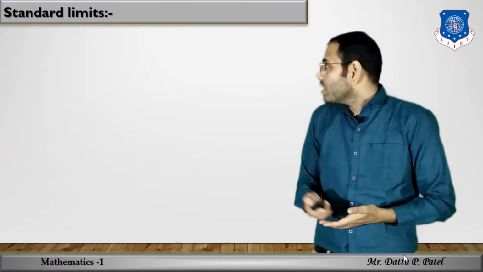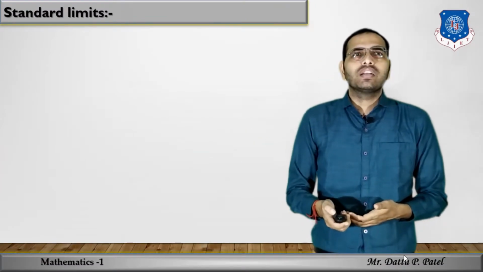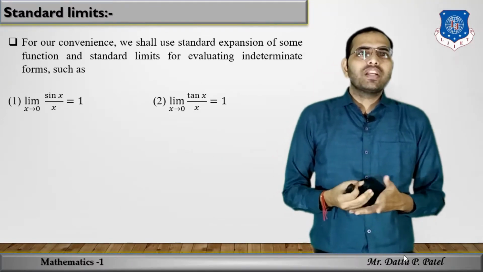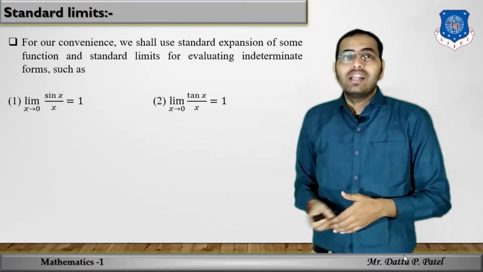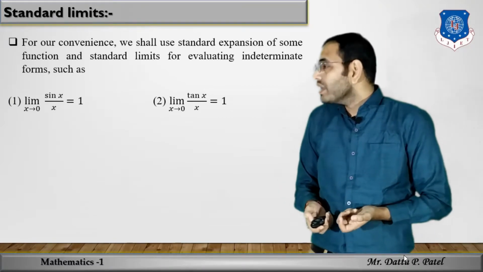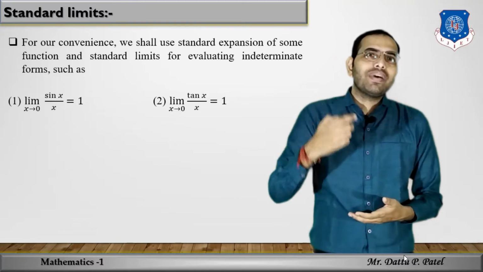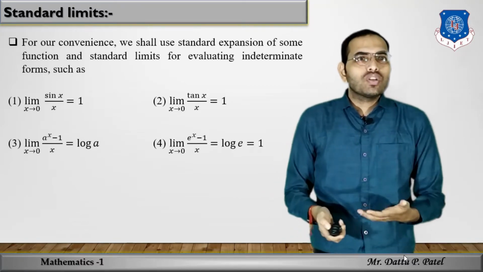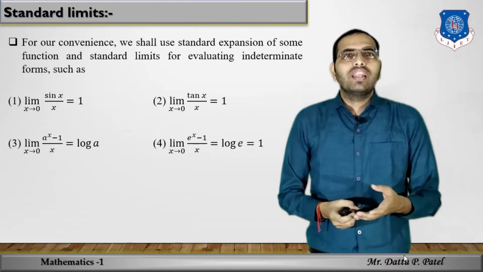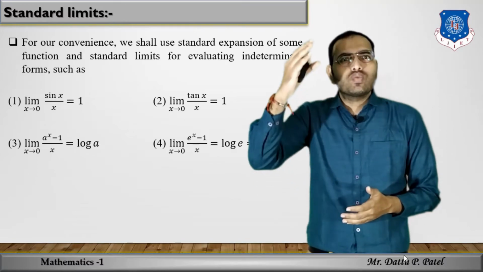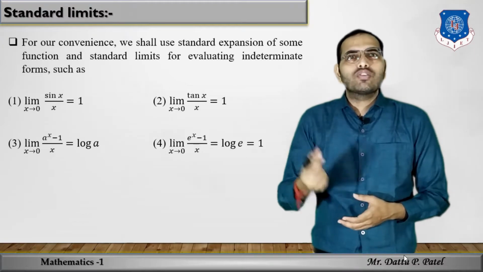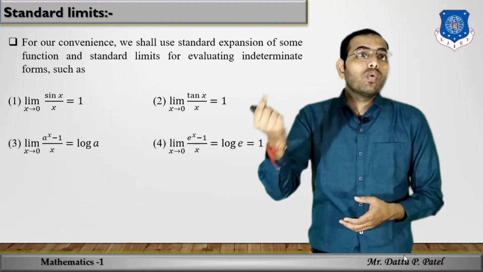Now let's see some standard limits. These are the standard limits for evaluating the indeterminate form. First, limit x tends to 0, sin x by x equals 1. Secondly, limit x tends to 0, tan x by x equals 1. Third, limit x tends to 0, (a raised to x minus 1) upon x equals log a. Fourthly, limit x tends to 0, (e raised to x minus 1) upon x equals log e, and you are all aware that the value of log e with base e equals 1.